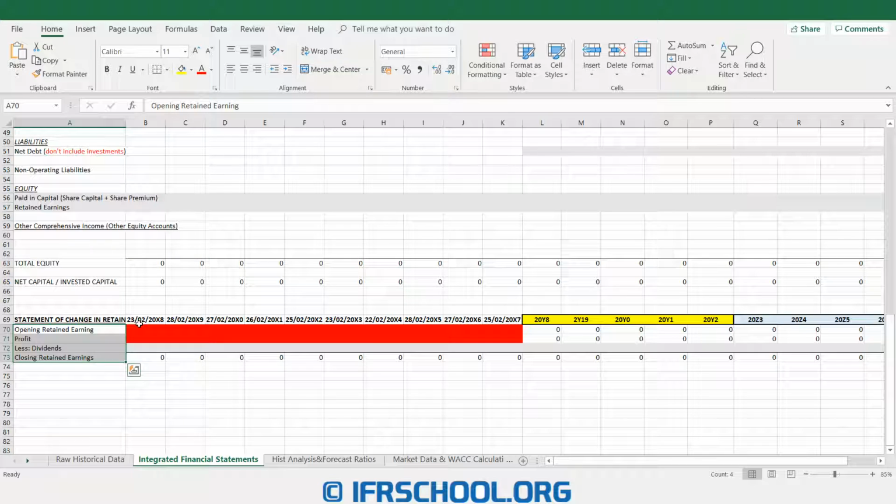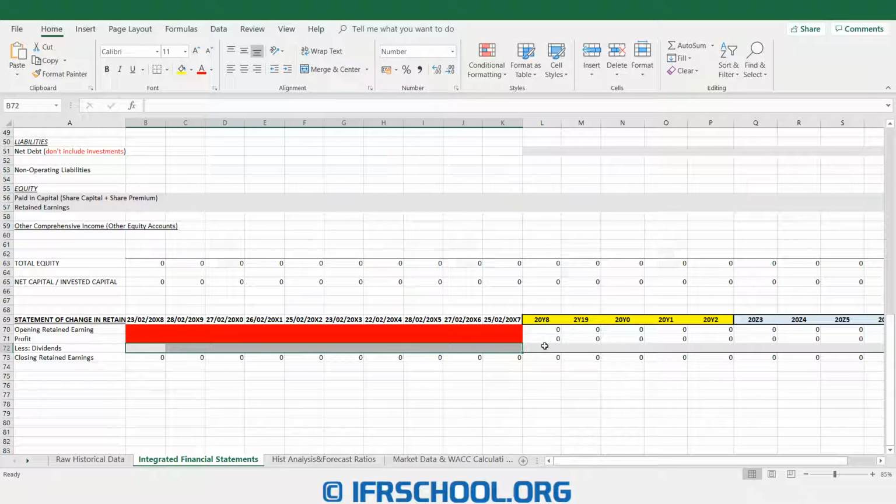Clean surplus accounting assumes the only changes to retained earnings go through the income statement or distributions in the form of dividends. For the historical period, we only need to enter in the dividends paid from the statement of changes in equity. We will need these figures for forecasting purposes.